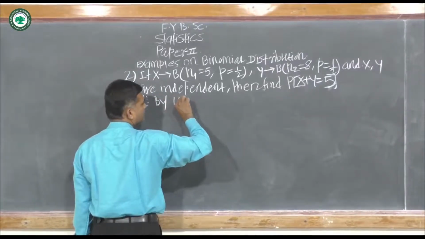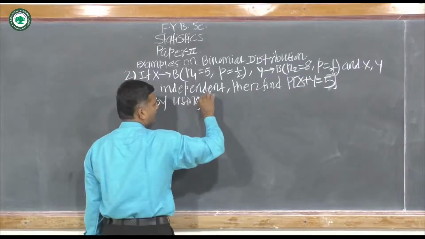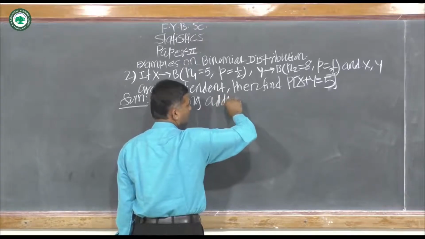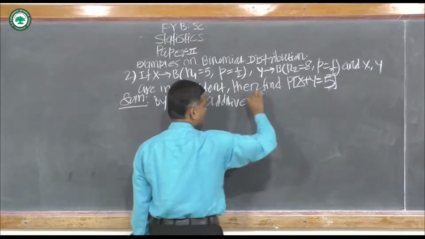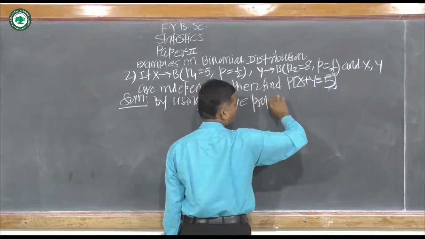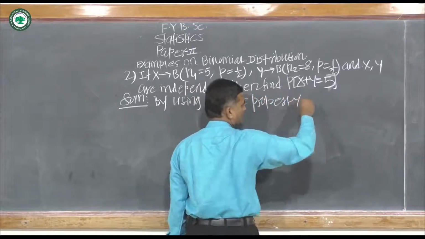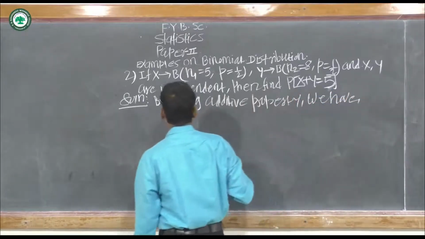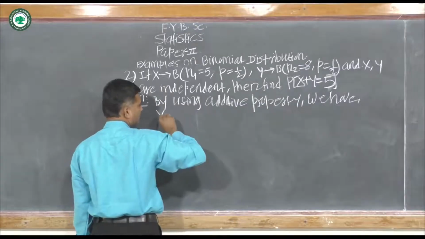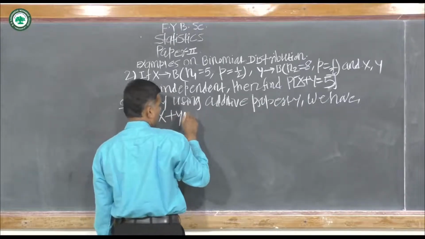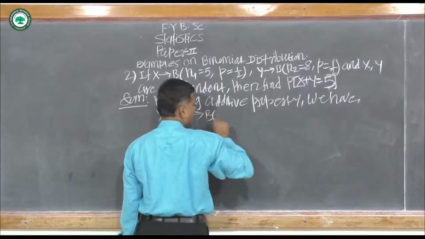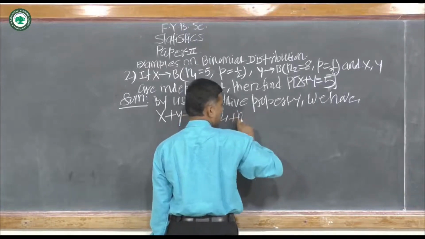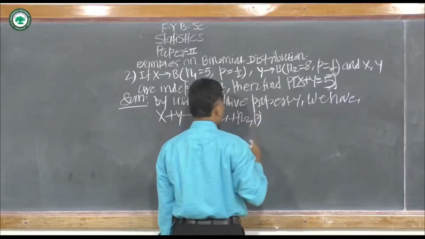By using the additive property, we have x plus y follows binomial distribution with parameters n1 plus n2 and p.